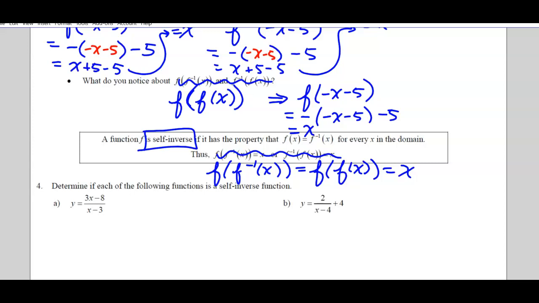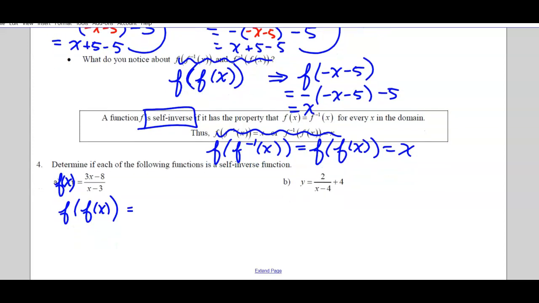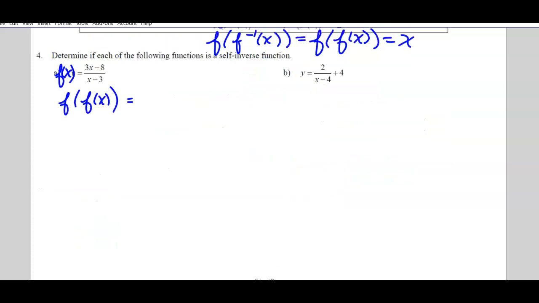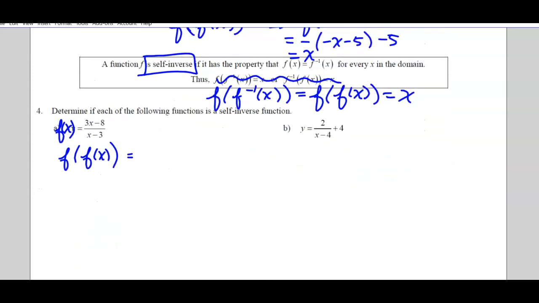So you can label this f of x, and now I want you to find f of f of x. It will require good attention to detail with fractions and variables and stuff, but a little bit easier than taking the inverse.